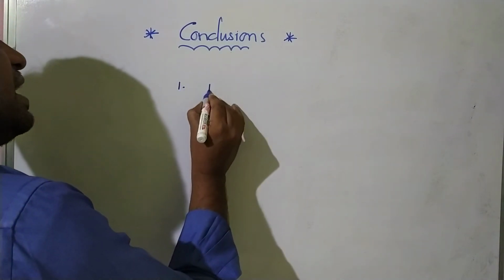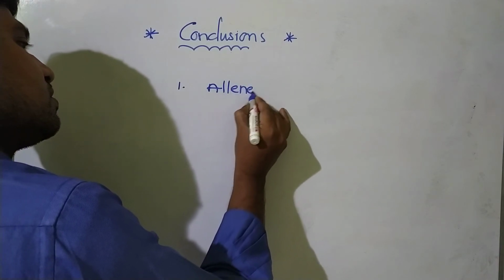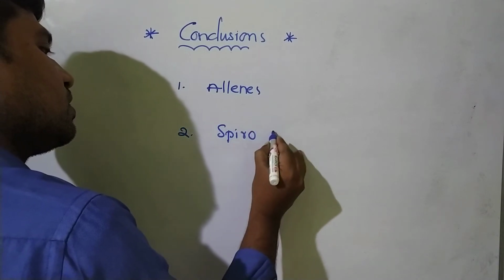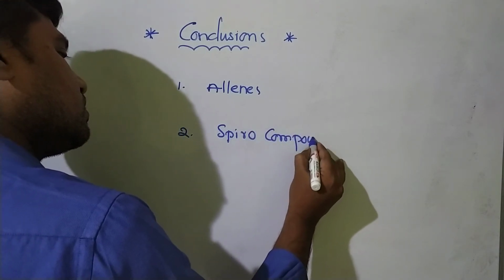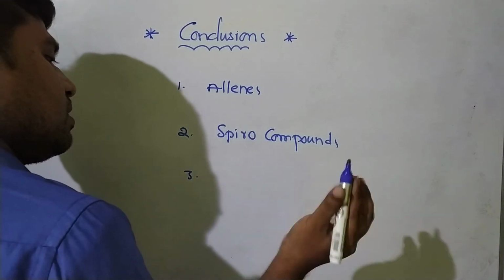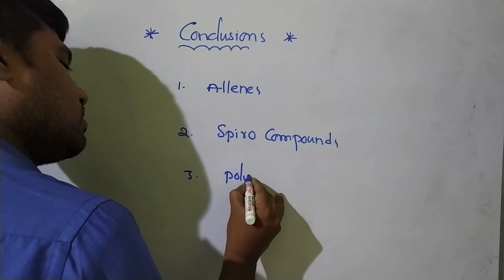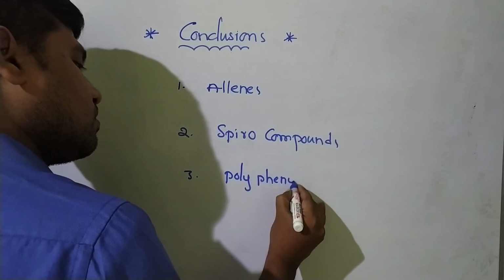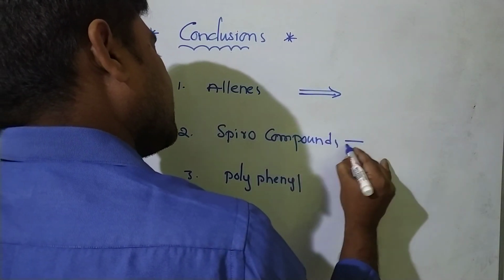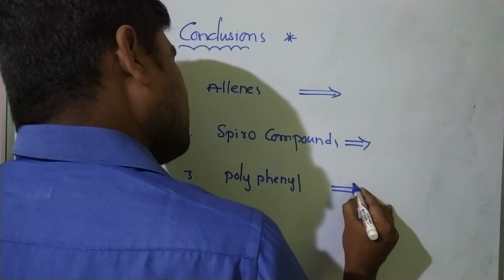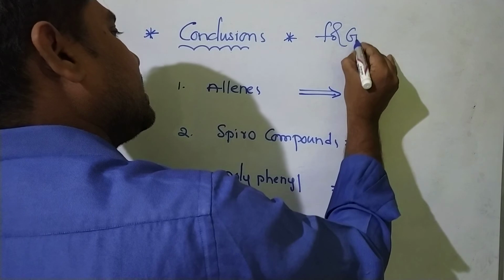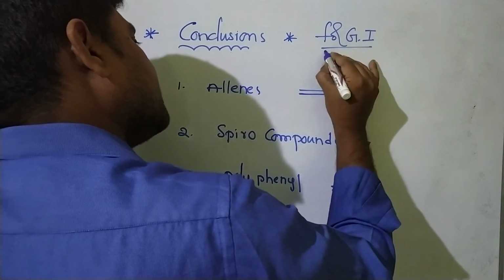First of all, number one, allenes. The second one is spiro compounds. And the third one is polyphenyls. Okay, so what is the main condition for exhibition of geometrical isomerism?